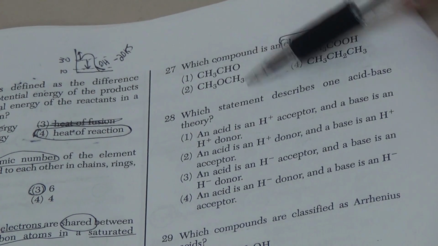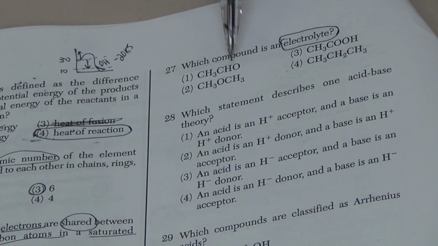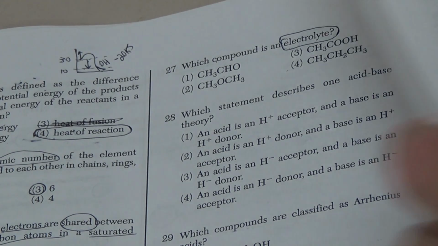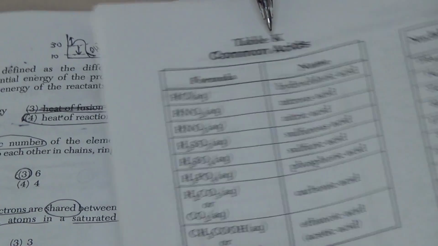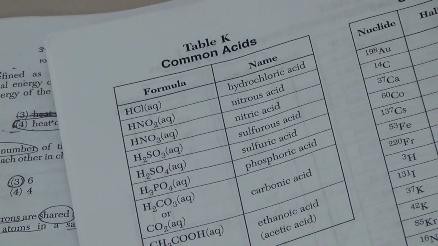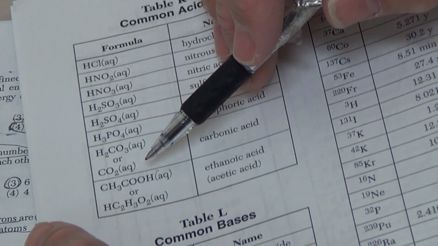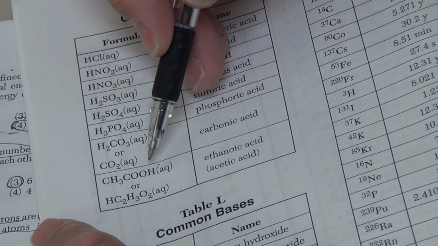So how on earth are we supposed to know what we have? We've got 4 different kinds of organic compounds. We have an aldehyde, we have an ether, we have whatever this is, and we've got this alkane thing going on here. Well, let's see what's going on. Let's go to table K. Common acids. One of the forgotten tables. Oh, looky what we have here. I'll move this up so you can actually see it. CH3COOH.